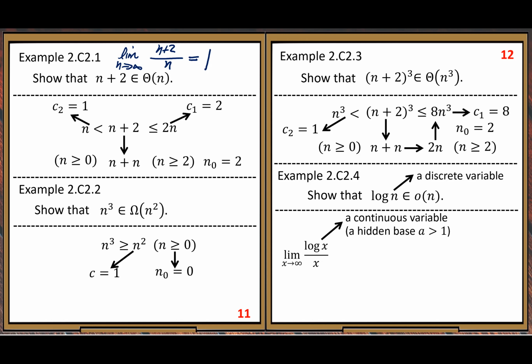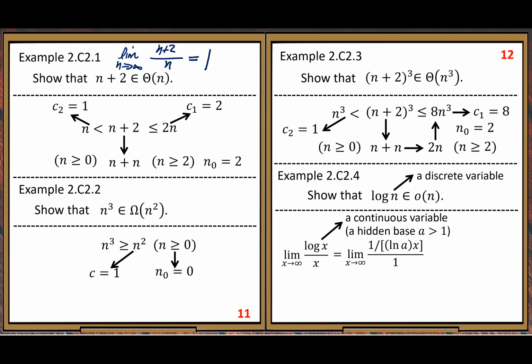And when we use the log of n, there is a hidden base. We assume a greater than 1 as the hidden base. There is some constant a greater than 1 as the hidden base. Okay? All right. So later, you will not have the question, I couldn't find the base number. That's the hidden one there.